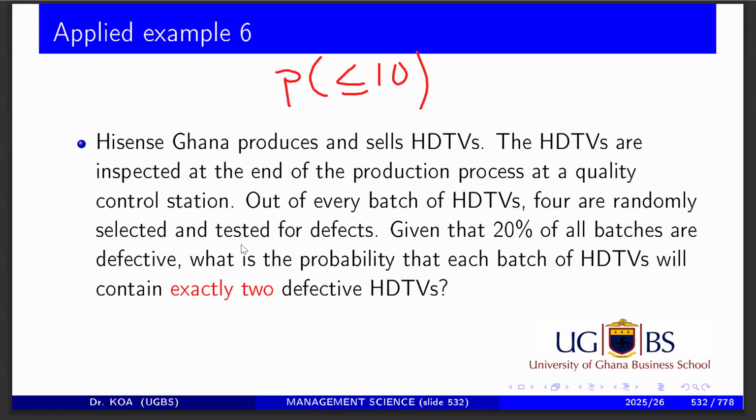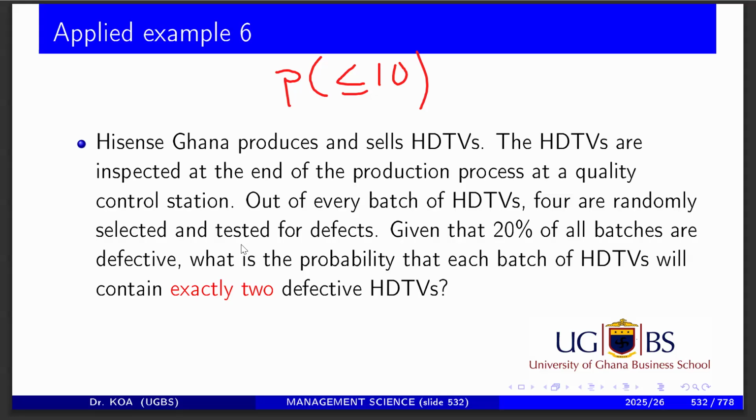Okay, so this one looks more of exact. For example, given that 10%, 20% of them are defective, it looks more of exact than a range or a given interval. Because there's the option to test for defects, there will be the probability that there are no defects.